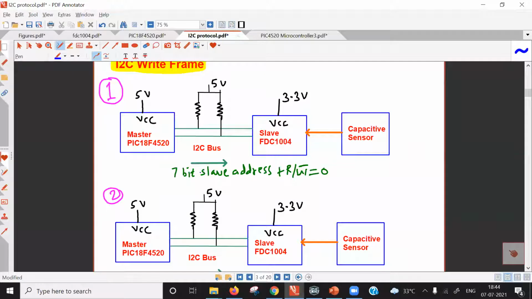So the master will write the first byte containing the 7-bit slave address, and the 8th bit in that data is an indication of whether the next operation is read or write. Now in a write frame, our next operation is a write operation. We want to write data to the slave device. So therefore the 8th bit must be 0, and we already know what the address of the slave device is.